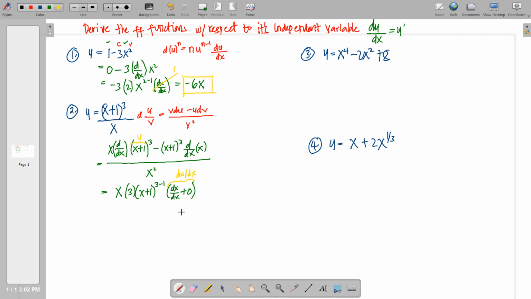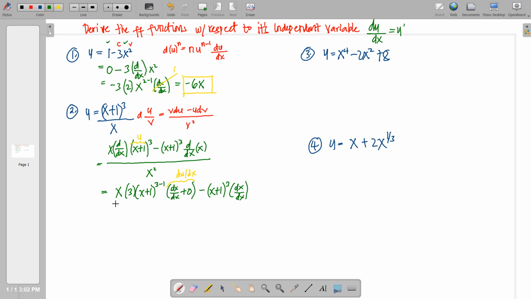Okay, and then minus, we copy that, x plus 1 cubed. The derivative of x is actually dx all over dx, which is 1. So all of the terms are 1.